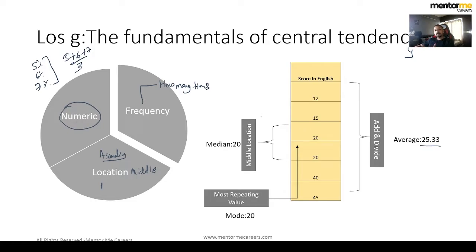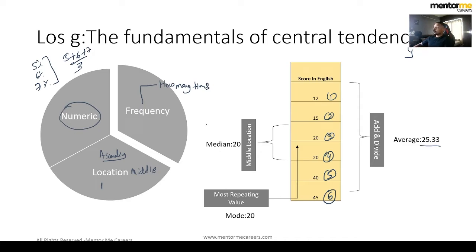But if you were to find the location instead, you have to order the data in ascending order, so this is already done. This is the first observation, second, third, fourth, fifth, and sixth, arranged in ascending order. The main thing is it has to be ordered in either ascending or descending order.